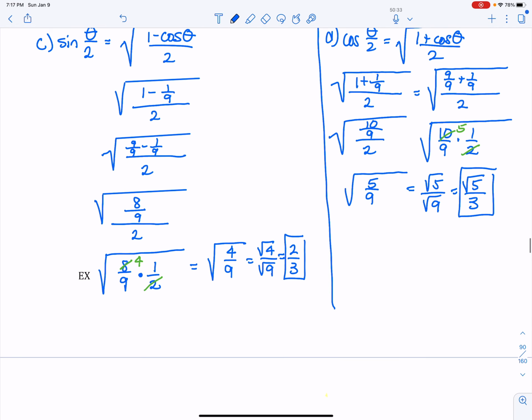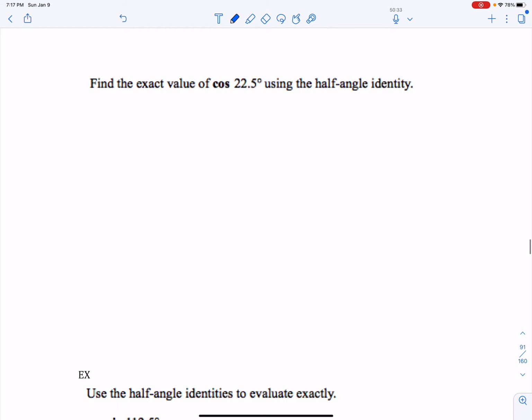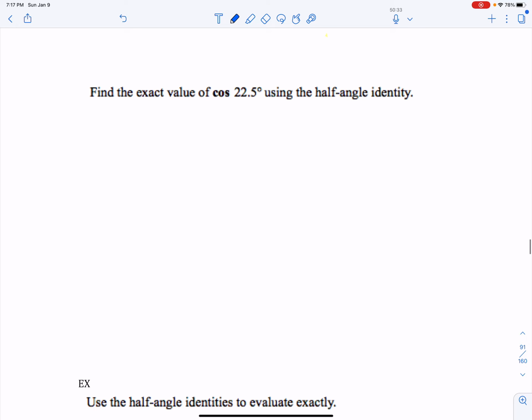Okay, moving on. Find the exact value of cosine 22.5 using the half angle identity. So the half angle identity, remember, is always written out, like cosine in this case, of theta over 2. So we need to find theta. Okay, so we can write this out.